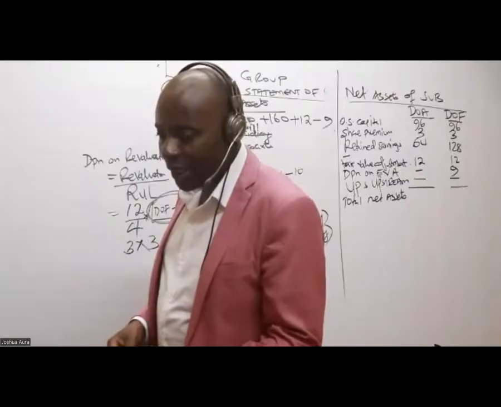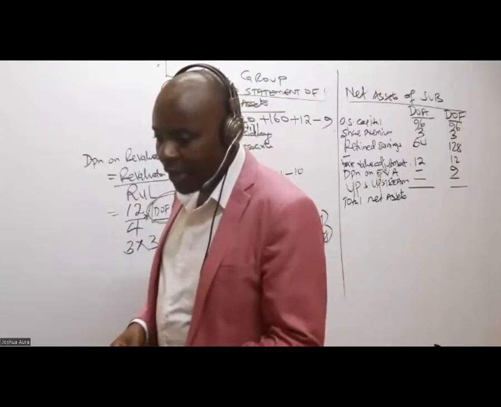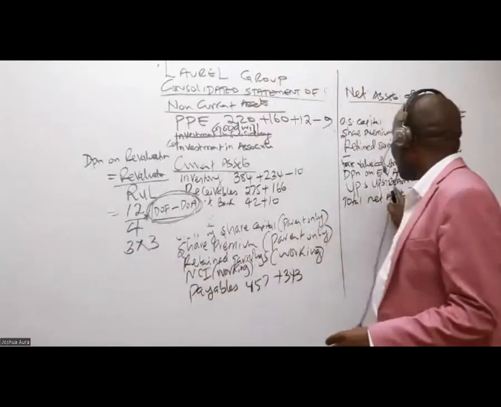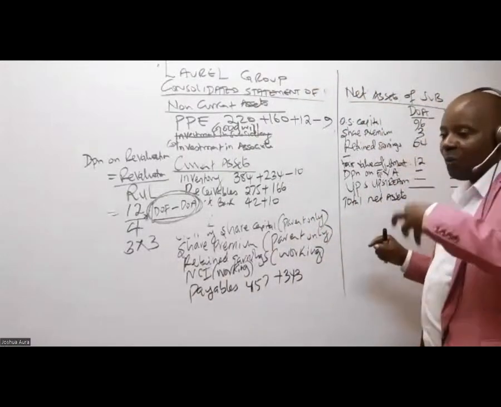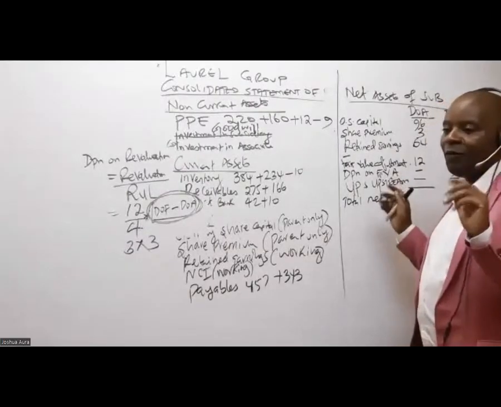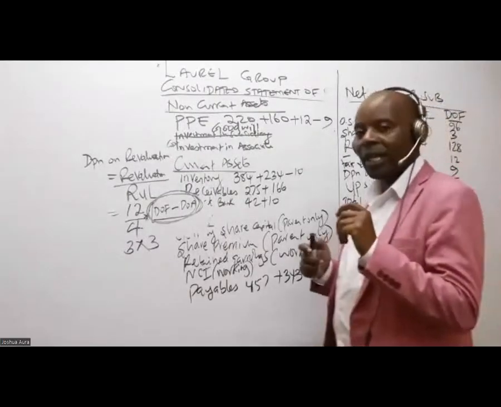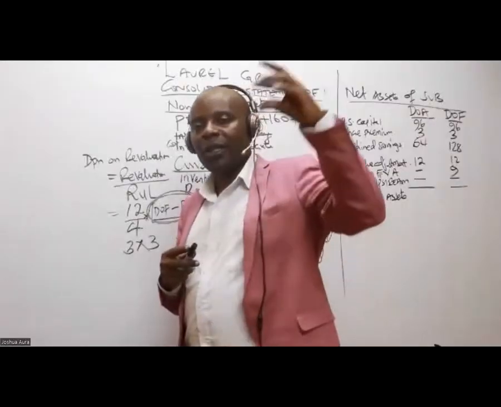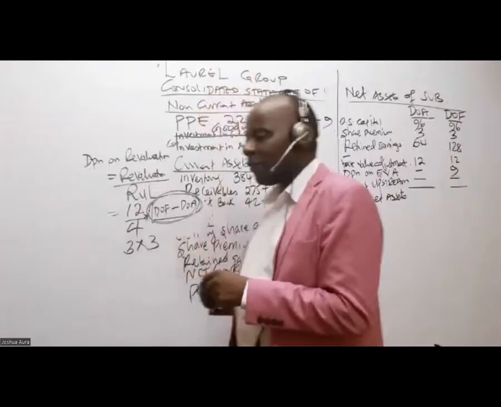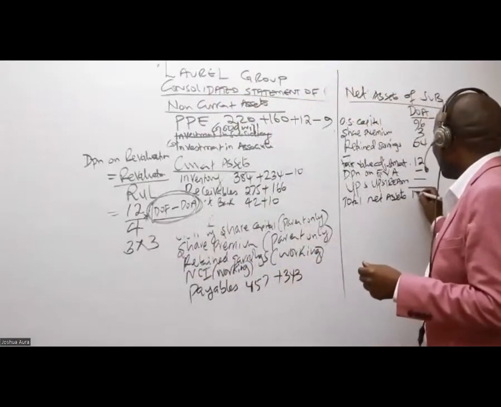Somebody is saying 173, another one is saying 175. How about UPS? Remember what we said about UPS. Here we have a downstream UPS, it doesn't affect us at all. If it was upstream, where the subsidiary sells to the parent, then I would have brought the figures here. So this is 175.